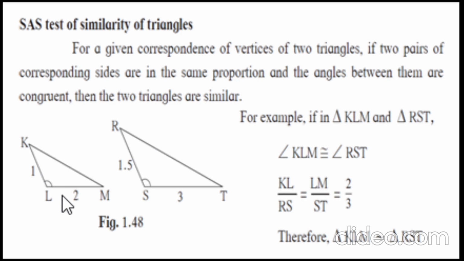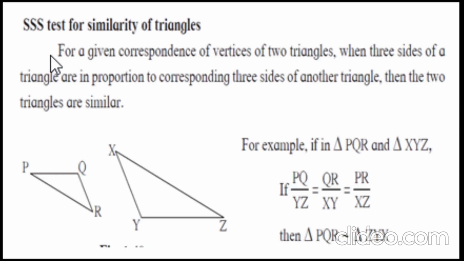Angle KLM is congruent to angle RST, and the ratio of KL upon RS is equal to LM upon ST, that is 2 upon 3. So conditions 1, 2, 3 are fulfilled, and we can say that triangle KLM is similar to triangle RST by the SAS test of similarity.